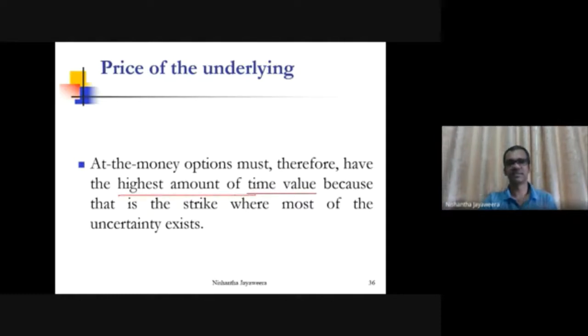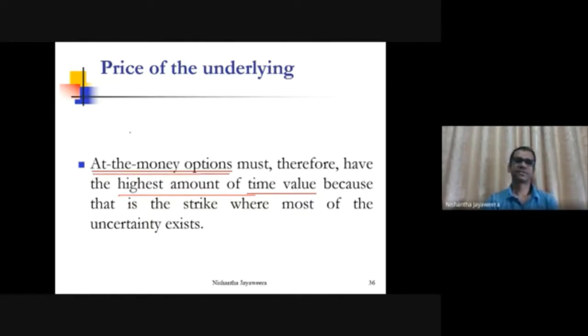Because that's the place where you don't know to which side this would move. A lot of uncertainty when the option is at the money. What does it mean, an at the money option? When do you have an at the money option?